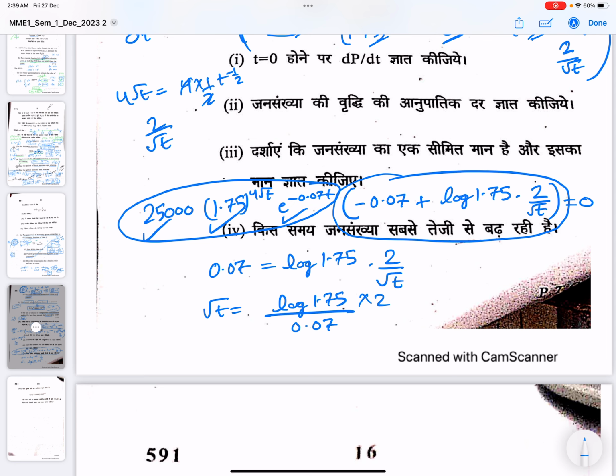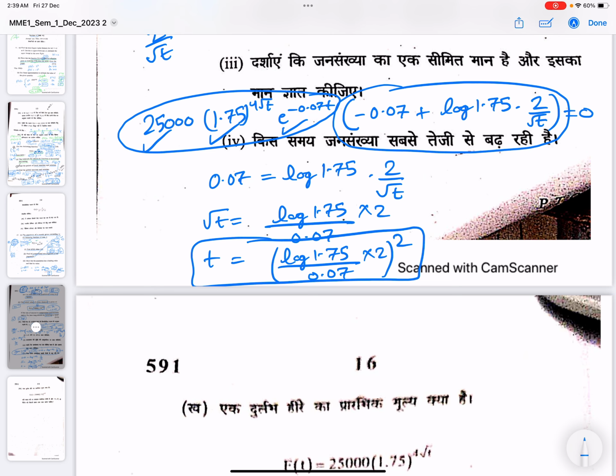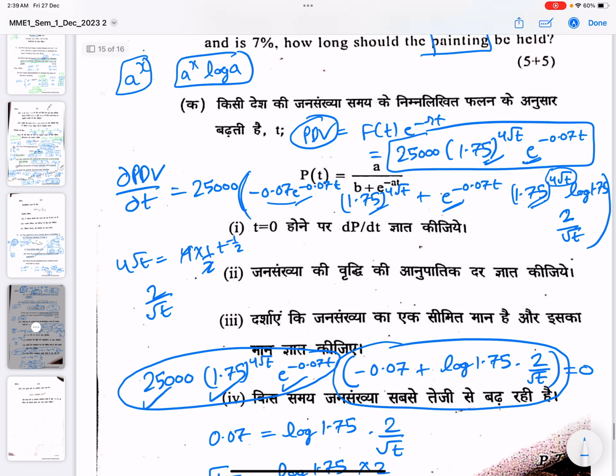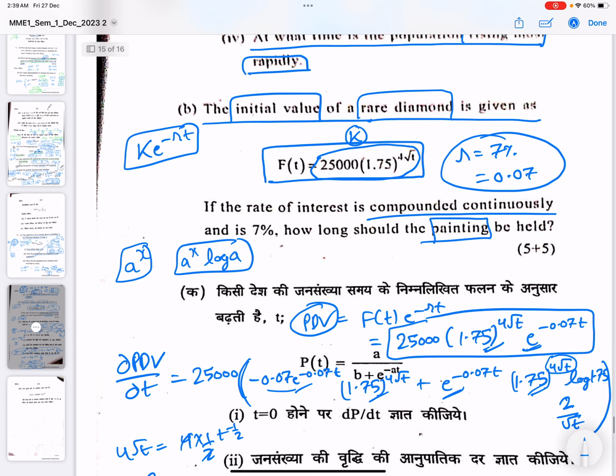So t becomes (log 1.75 into 2 upon 0.07) whole square. So when t takes this value, the value of the rare diamond would be maximum at that point.